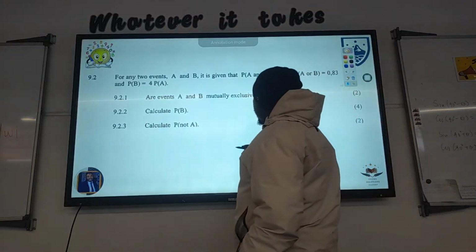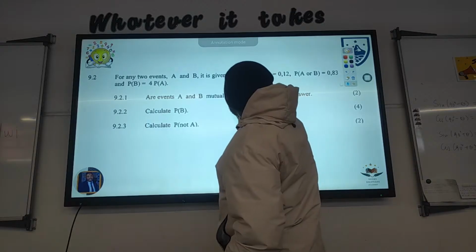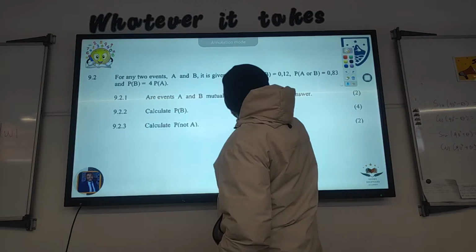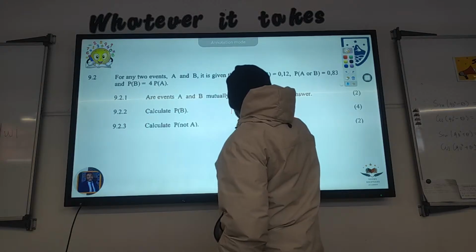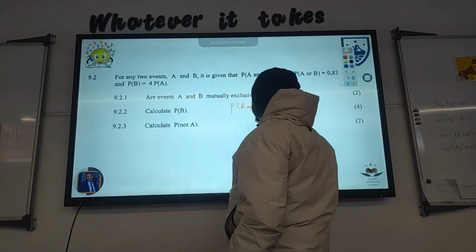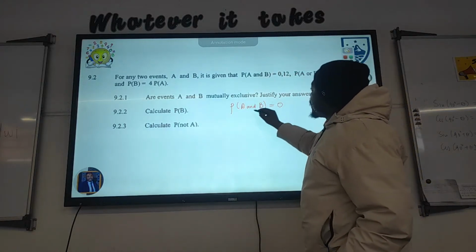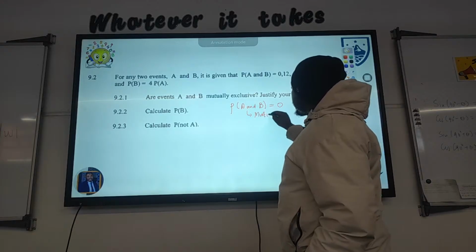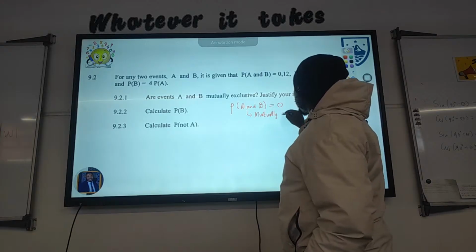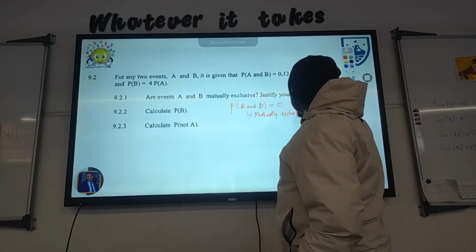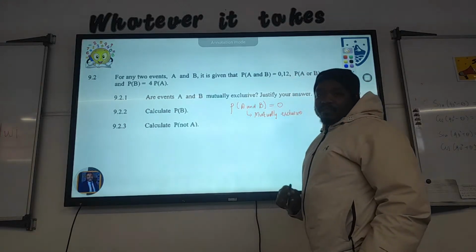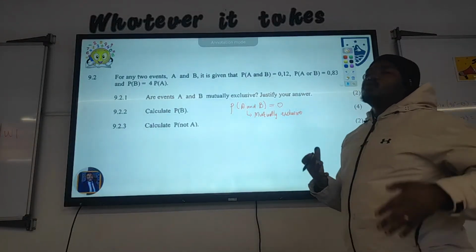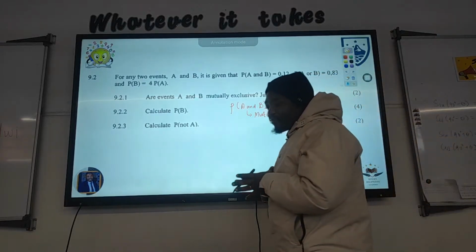Remember, if P(A and B) is equal to 0, we say events A and B are mutually exclusive. What does mutually exclusive mean? It means that those two events cannot happen at the same time.